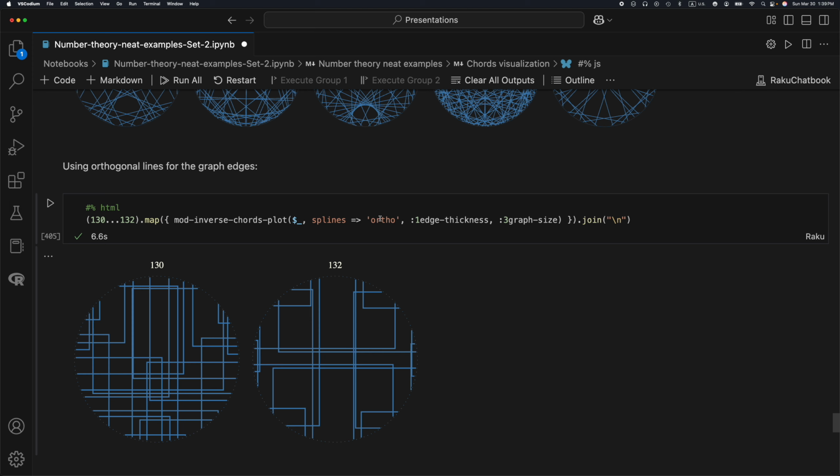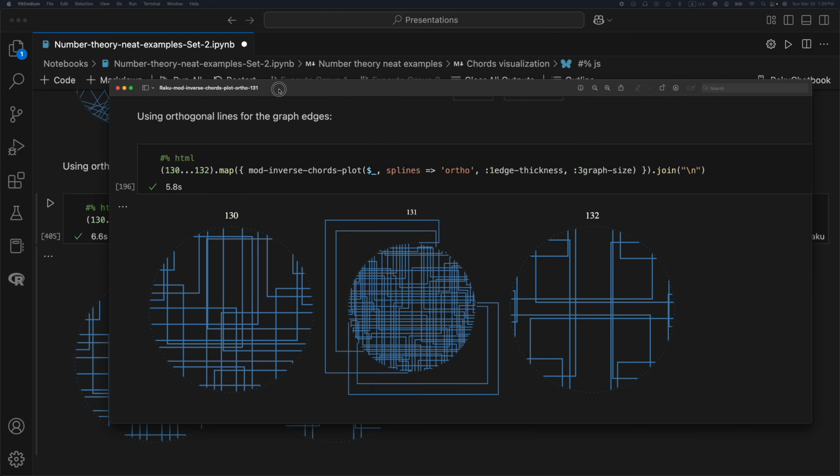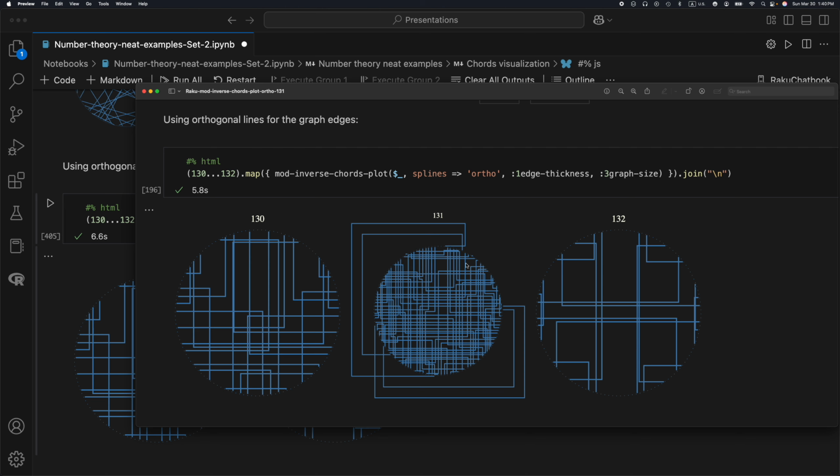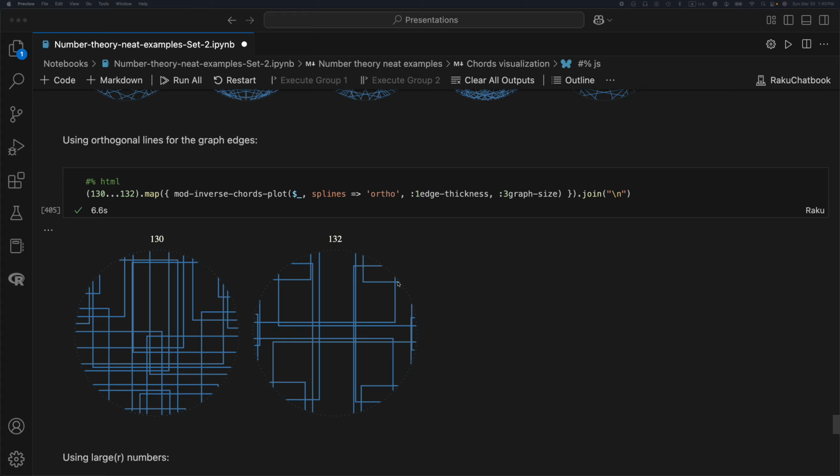Somewhat prettier results can be produced if we use orthogonal edges. For whatever reasons, this Jupyter framework doesn't always visualize this plot. Once it visualized it, for the same formulas and the same numbers, you can see that 131 looks very nice. But apparently there are some problems with the renditions here.